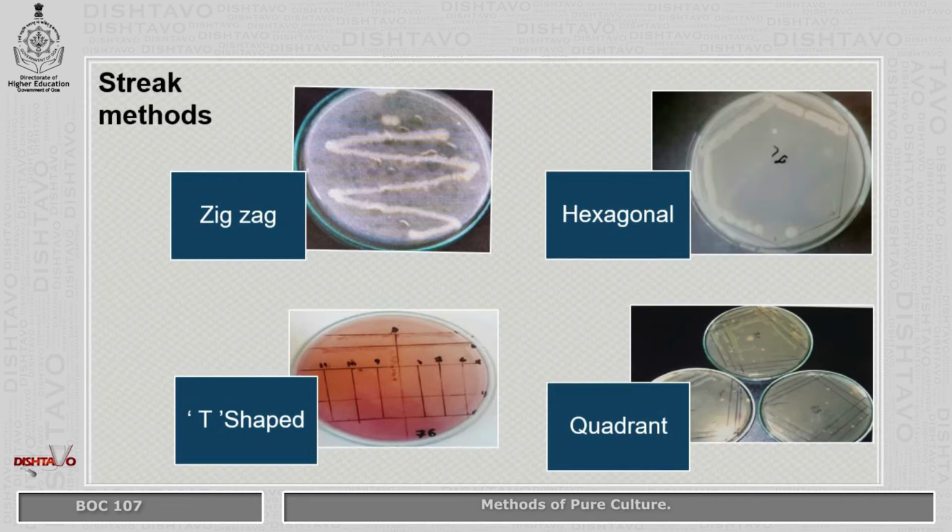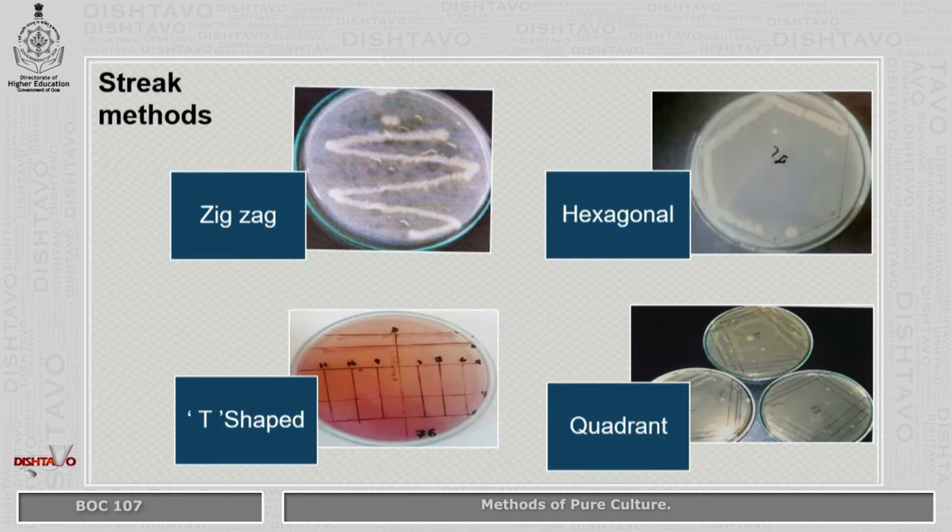And after 24 hours, when the plate is observed, you will find that the microbial growth will be seen only on the streaked area, that is, the microbial colonies will be present on the zigzag area.